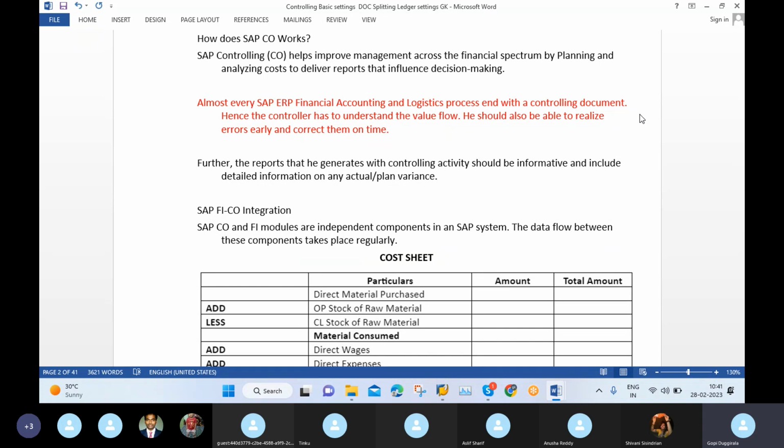It means while we are posting finance module entries, the controlling module will automatically post the controlling entries. Already I told you we don't need to post in the finance module once and again in the controlling module a second time. No. Why? Because finance and controlling are both linked and integrated. While we are creating GL master data itself, we are linked to the controlling module, right?